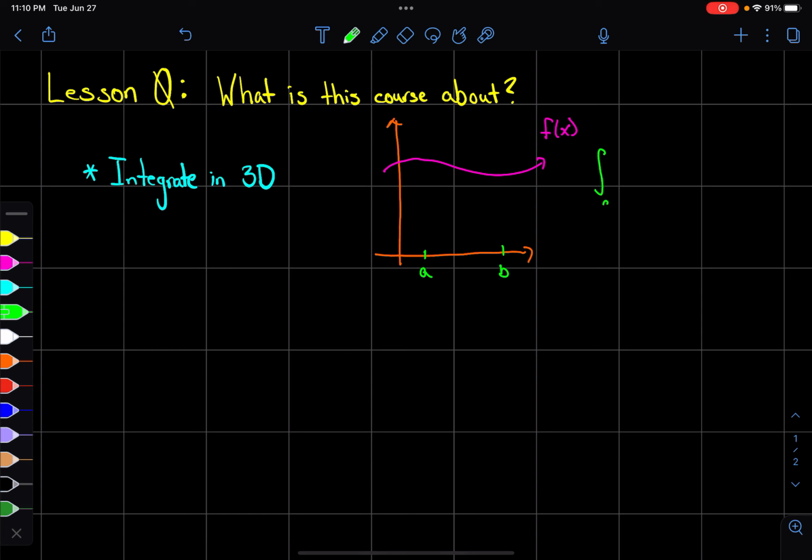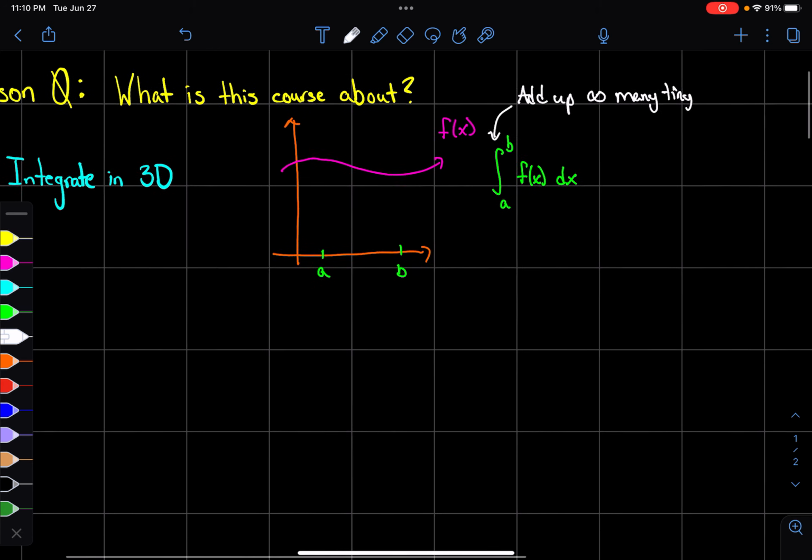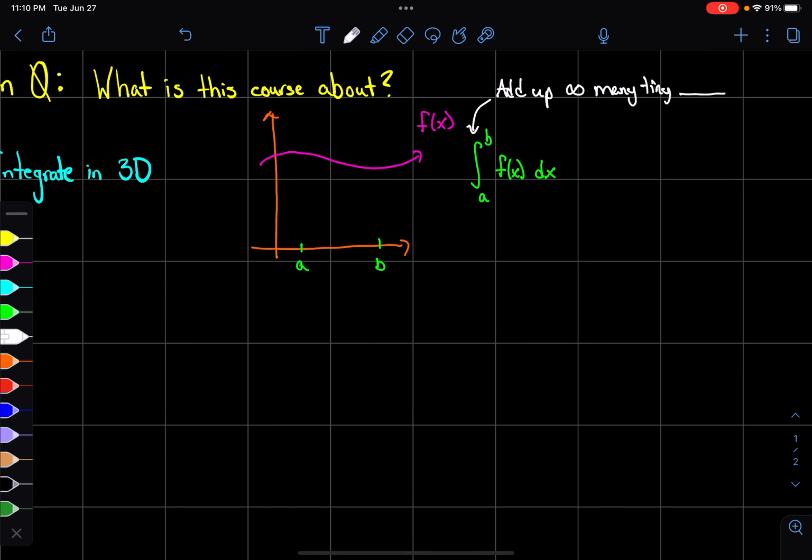We did an integral from a to b of f of x dx, and what the integral represented was that we add up infinitely many tiny blanks. What were we adding up? A whole bunch of little tiny rectangles, where each rectangle had a height of f of x and a width of dx.